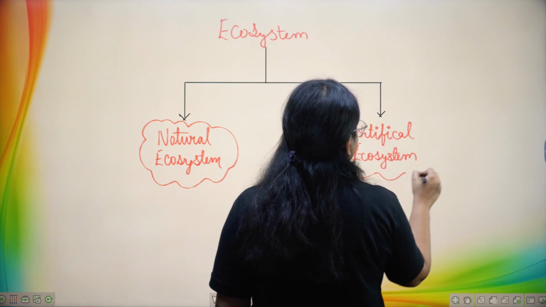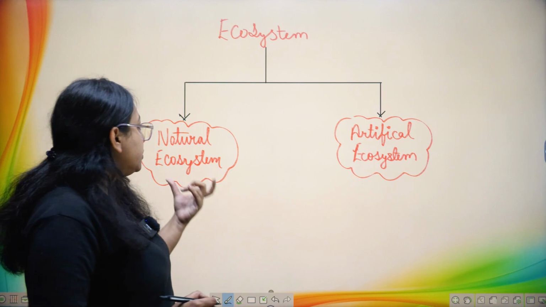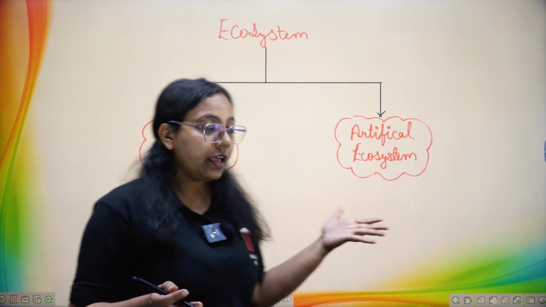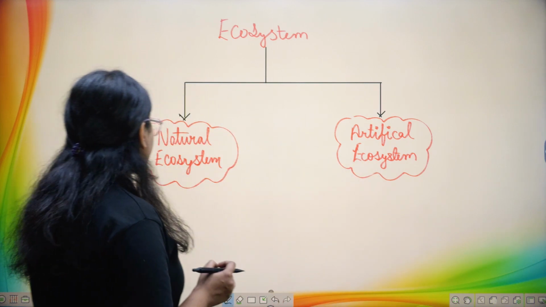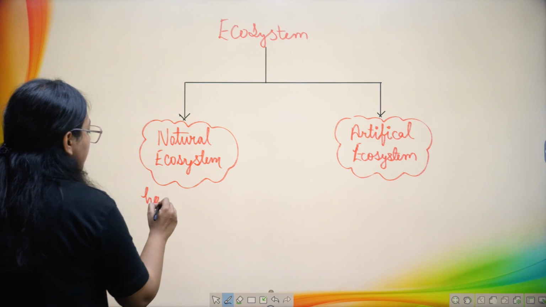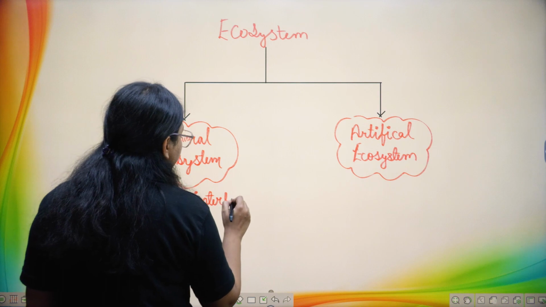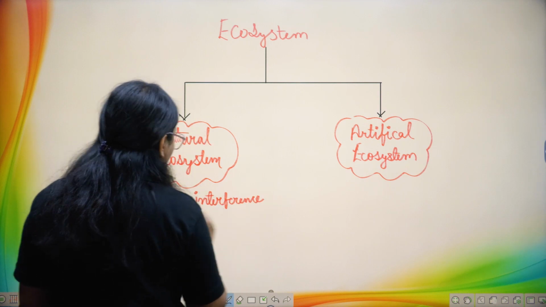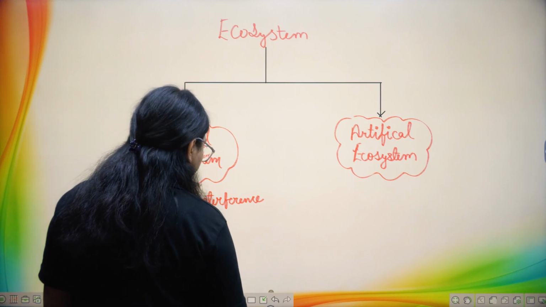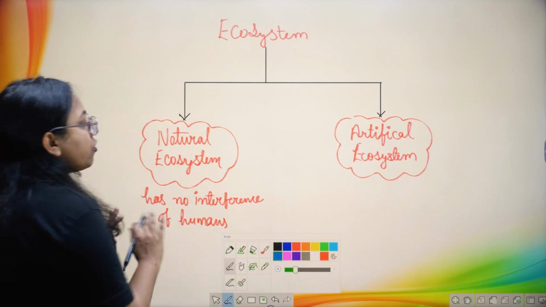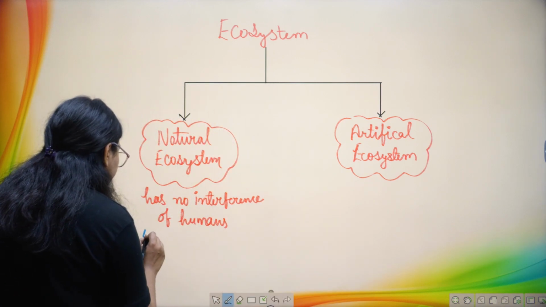Understood? So ecosystem can be classified in two ways. First is the natural ecosystem, second is the artificial ecosystem. Natural ecosystem has no interference of humans. Here humans are not involved at all. It is made naturally.